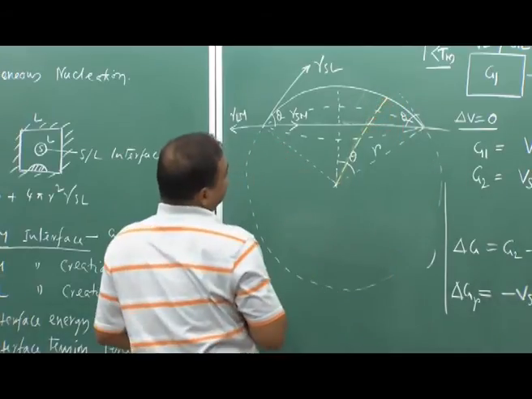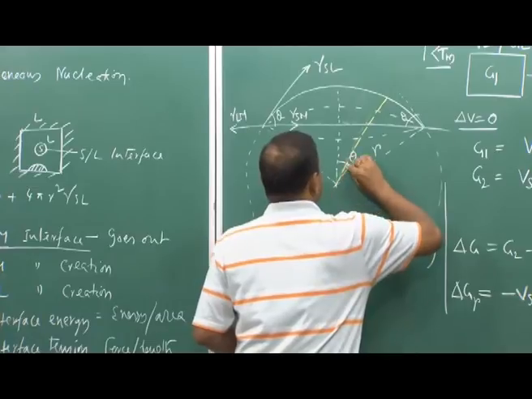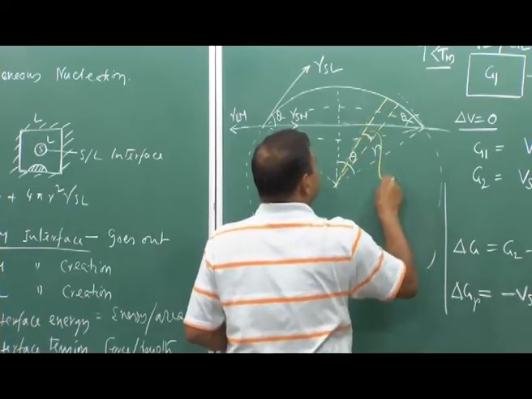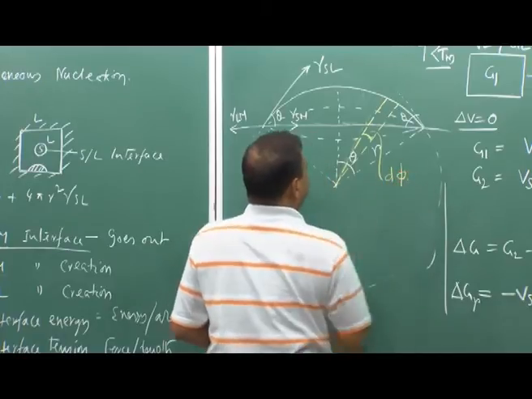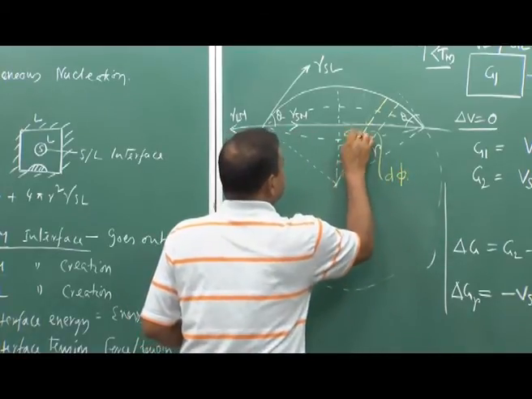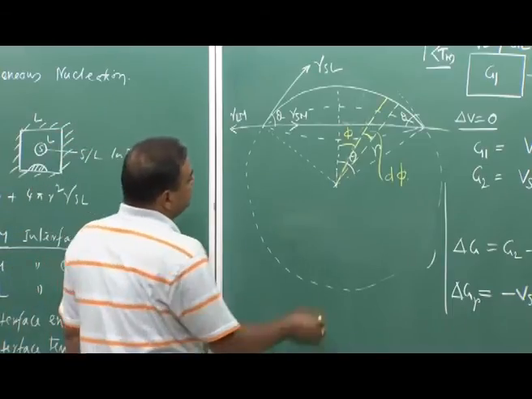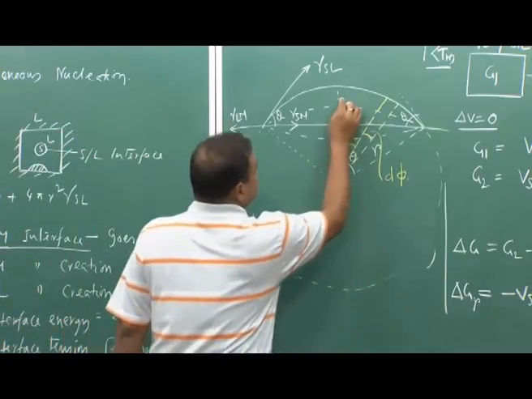if I take this particular, this is to be d phi, and if this is angle phi, then I will just do the integration and then we will get the value.